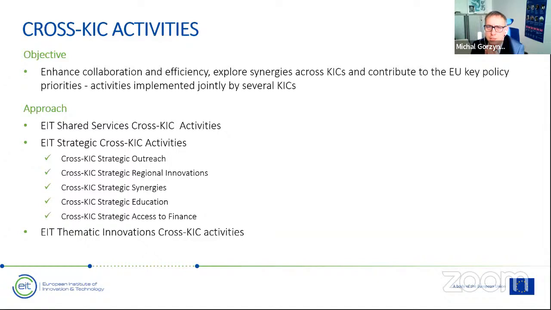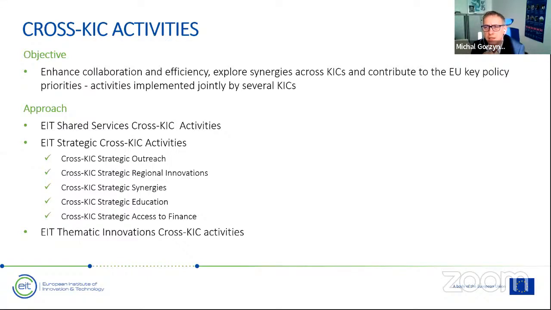First of all, it increases efficiency and effectiveness of operation of the knowledge innovation communities. Secondly, it contributes to strategic objectives of the EIT and the EU. Thirdly, it brings together KICs around the topics which are of the common interest to develop specific products and services.